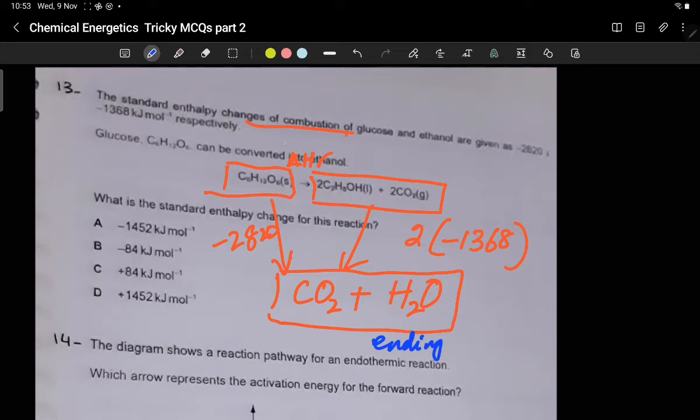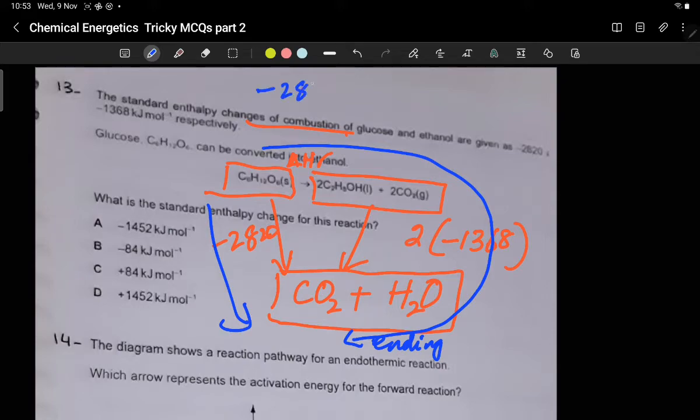Draw two routes. This is from here to here, and this is here. And calculate accordingly the enthalpy change of reaction. Route 1 and route 2: minus 2820 is equal to delta HR plus 2 into minus 1368.